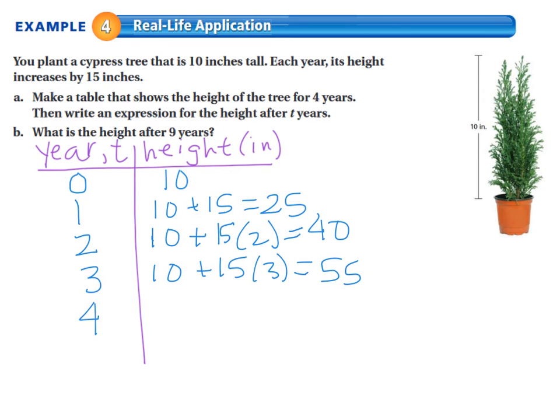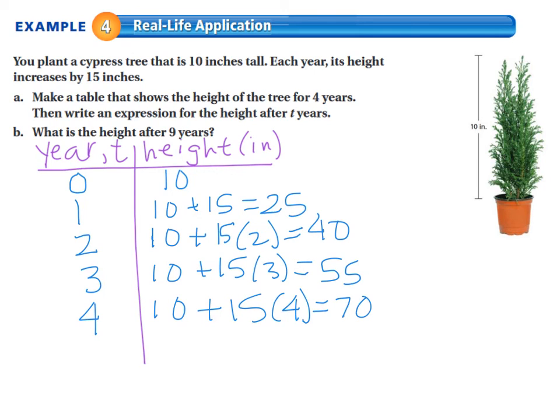After 4 years, 10 inches I started with, plus the 15 inches it grew each year over 4 years. That's 15 times 4 is 60, plus another 10, that's 70 inches. So what is the height after 9 years?